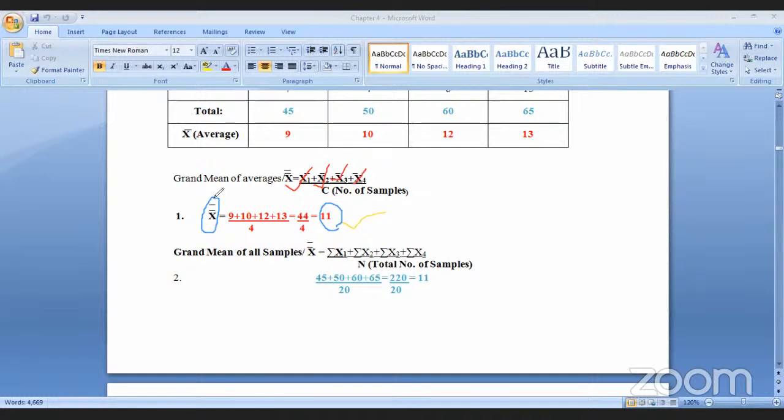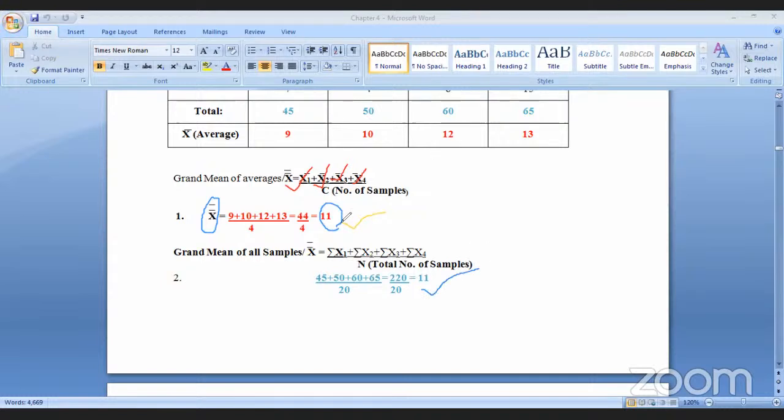Then divided by capital N, which indicates total number of samples, that is 220 divided by 20. Then we got the value 11.